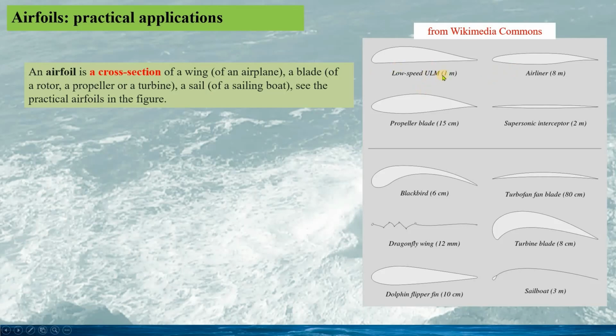Low-speed, ultralight machine. This airfoil for the airliners, this airfoil for the propeller blades, and this one for supersonic interceptors. And here we can also find some natural airfoils like the blackbird, dragonfly, dolphin, etc.